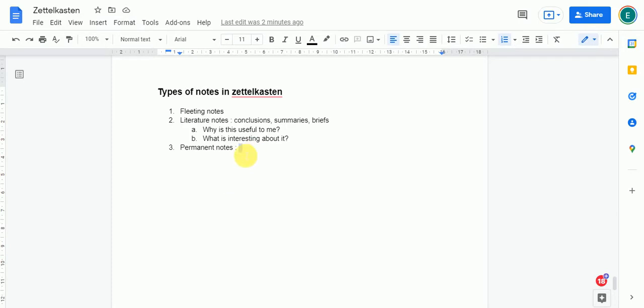While writing permanent notes, there are always confusions about which notes to write, which information to ignore, and how to write it. Permanent notes should be independent of the literature they are based upon. When you're writing literature notes, you always write the references from where you have read them. But permanent notes should be independent of any literature or any fleeting note.